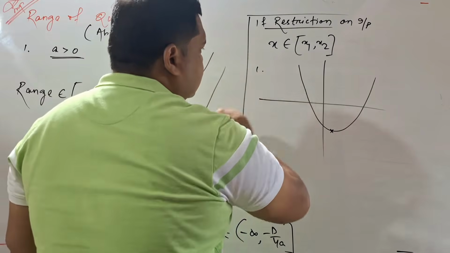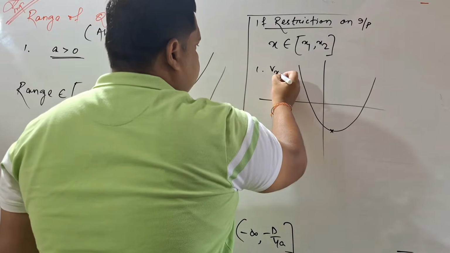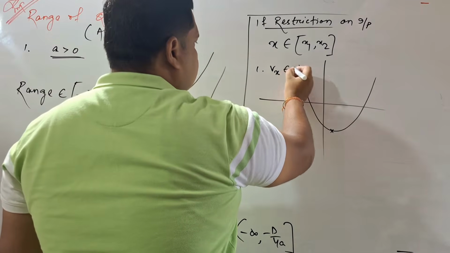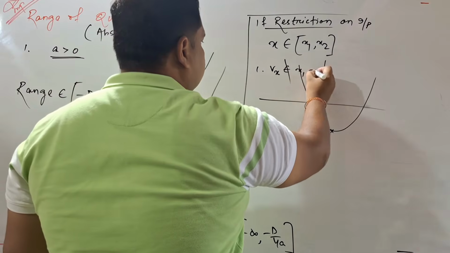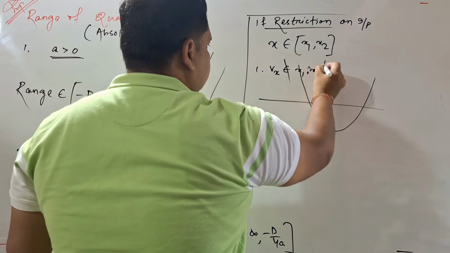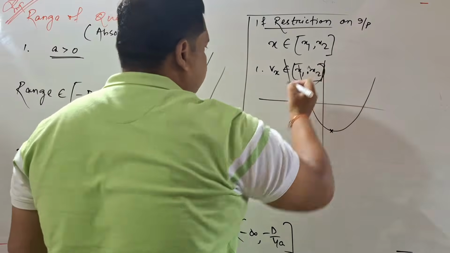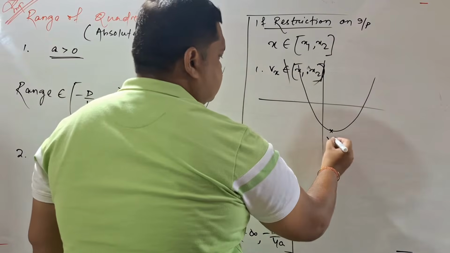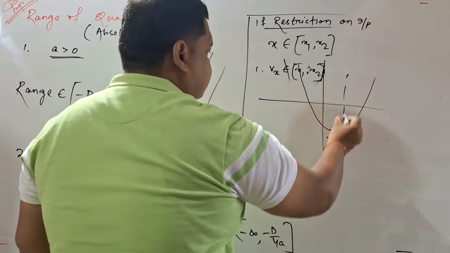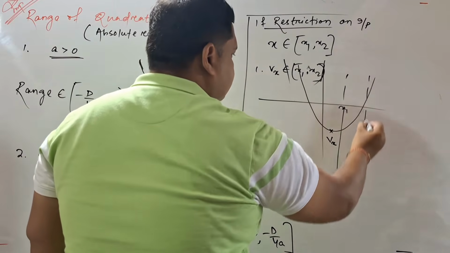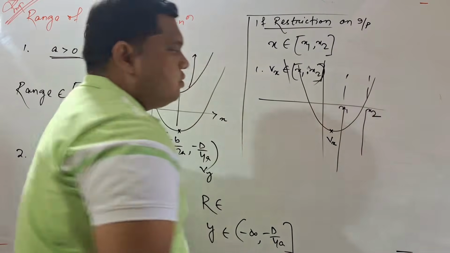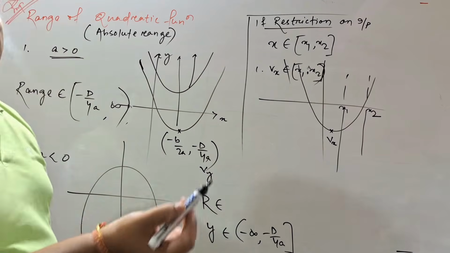So here you have two conditions. First, the vertex Vx does not lie between x1 comma x2. Does not lie means this is the vertex x coordinate, and let's say x1 is here and x2 is here. So who will decide my minimum value and maximum value?